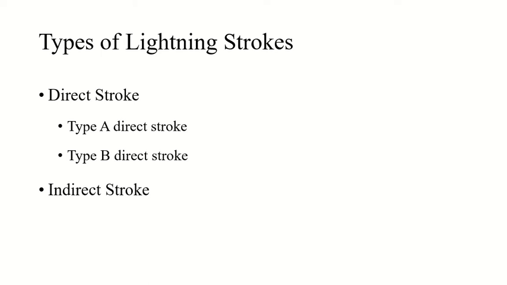Direct strokes can also be classified into two different types, named type A direct stroke and type B direct stroke. Among them, let's first discuss type A direct strokes.